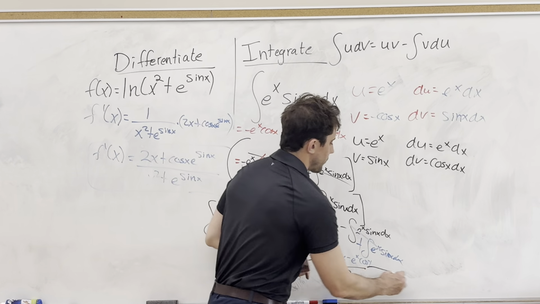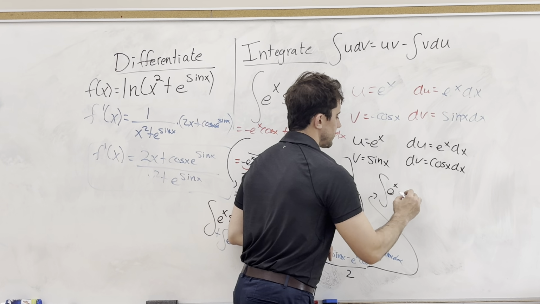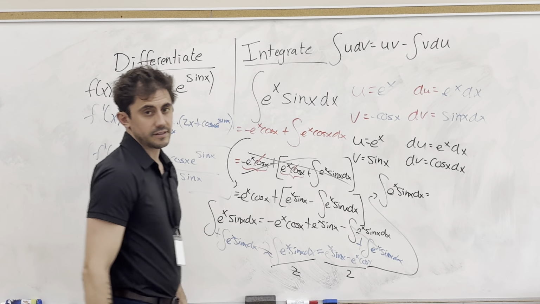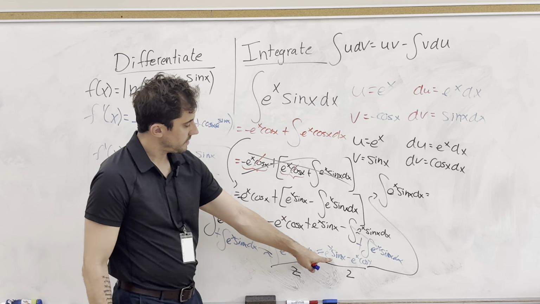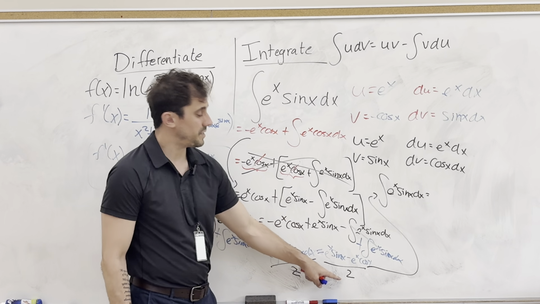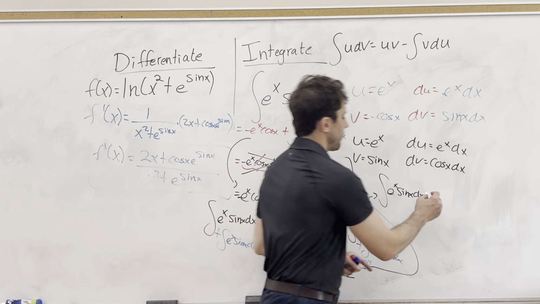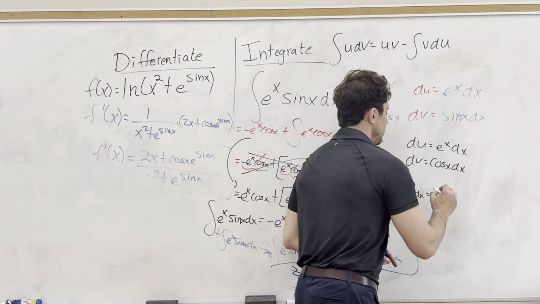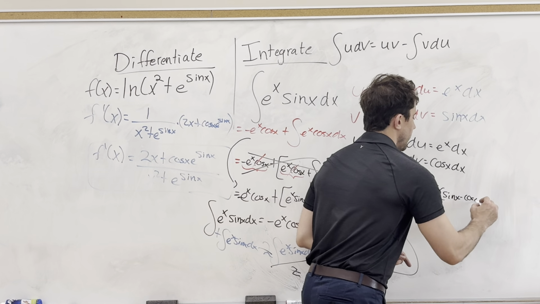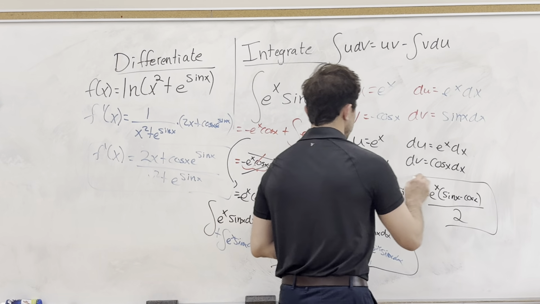And so that brings us to our final step of writing our result: the integral of e to the x sine x dx results in e to the x sine x minus e to the x cos x all over 2. We can factor out an e to the x from both terms in that numerator. And so our final result is going to read that this integral is equal to e to the x times sine x minus cos x all over 2.